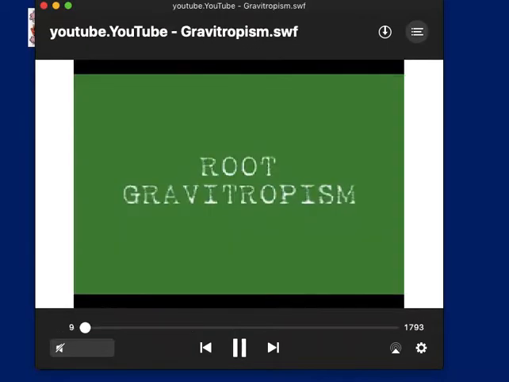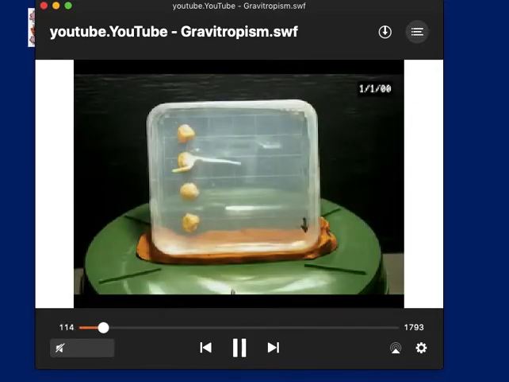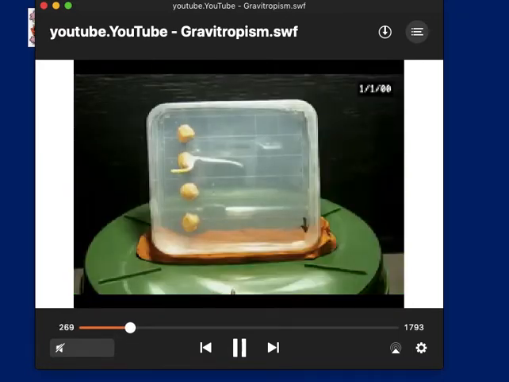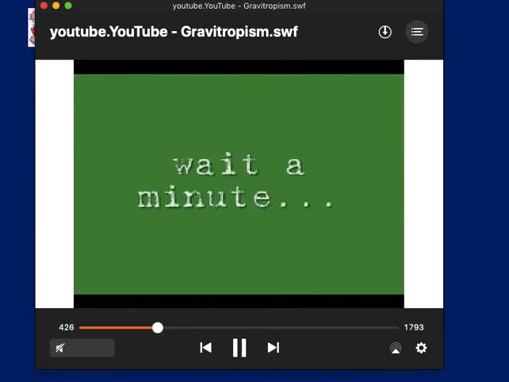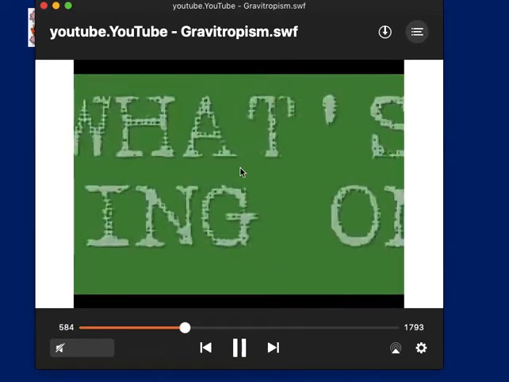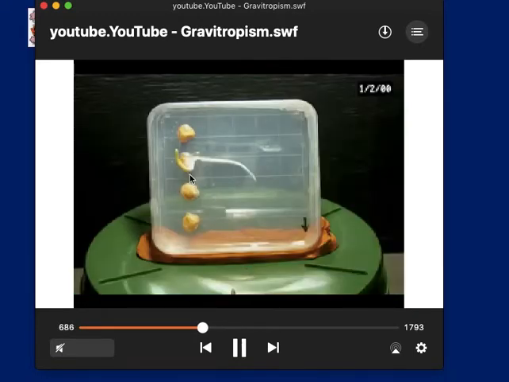And here we go. So what these are, seeds that were germinated. They're growing in a kind of agar, so they've got water and everything they need, and they were left to germinate initially. And you can see now in this one that the root is starting to grow downwards, and the shoot is starting to grow upwards.